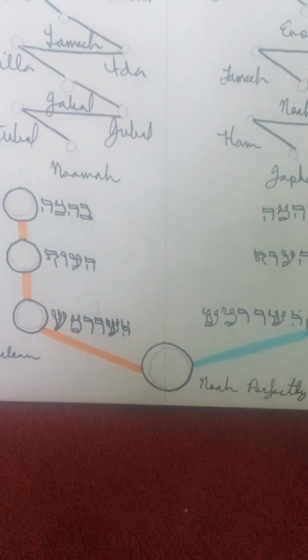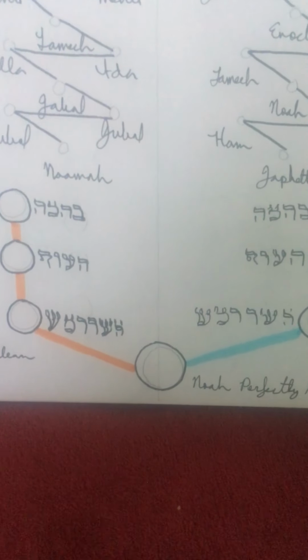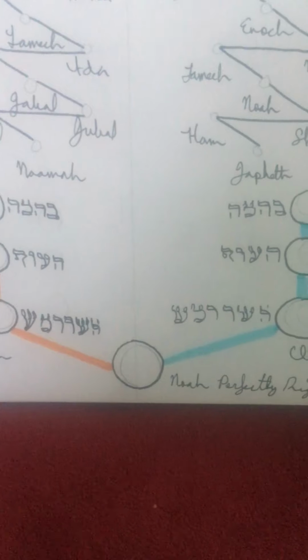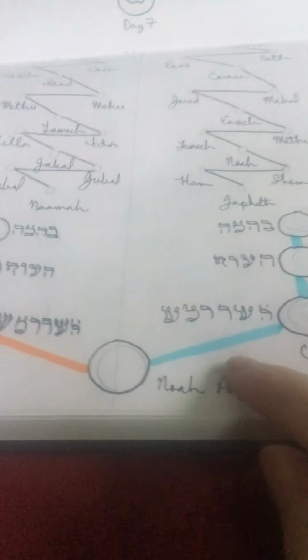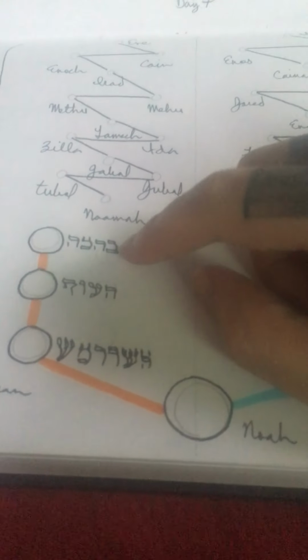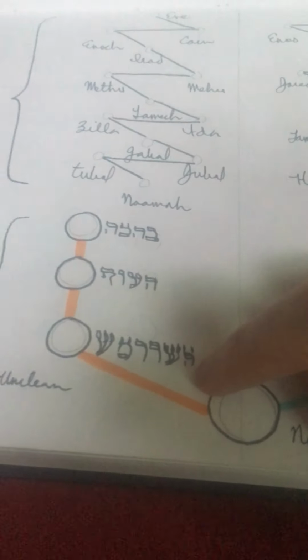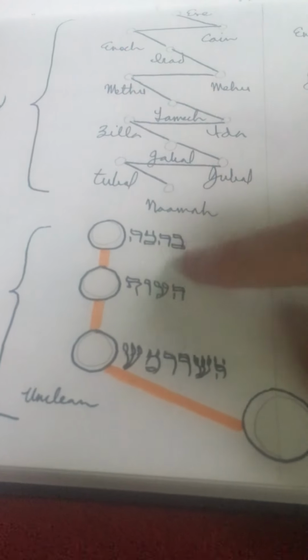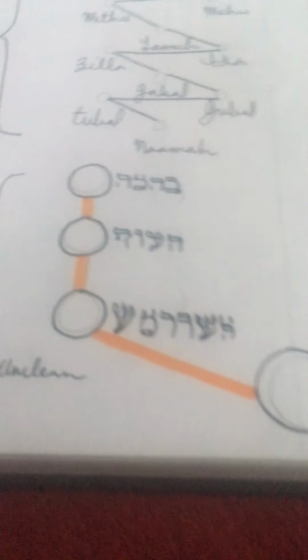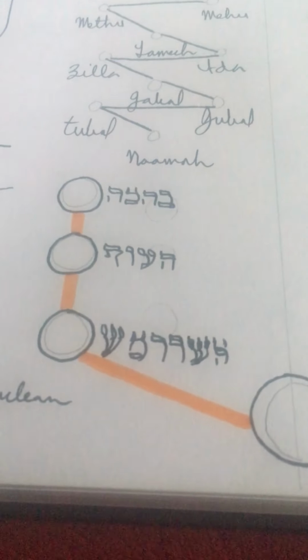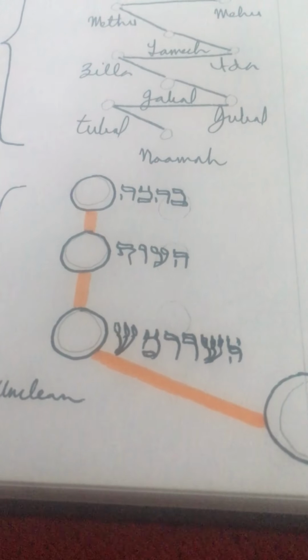Clean cattle, or clean animals, clean birds, and clean creeping and crawling things. And unclean animals, unclean birds, and unclean creeping and crawling things. Of the unclean things, he takes in 2. And the word here is shani.